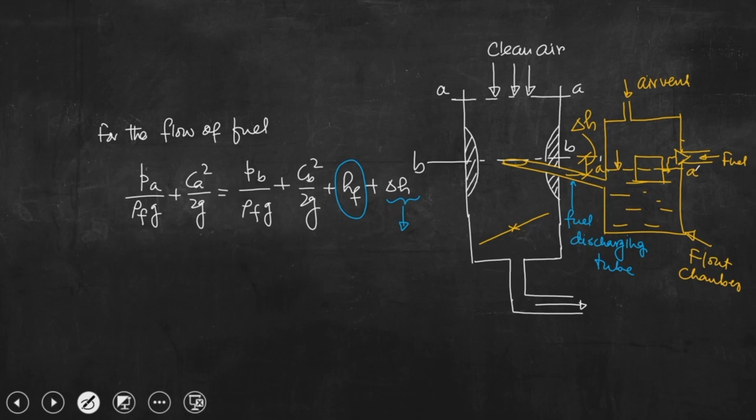So, while we are considering flow of fuel from the float chamber to that particular point, that is the fuel discharging point, we also need to take the static height difference. So, that particular static height difference is already taken care of while we are trying to establish the expression of mass flow rate of fuel, and this particular term is the frictional losses.